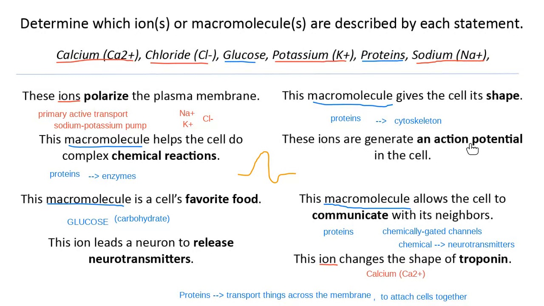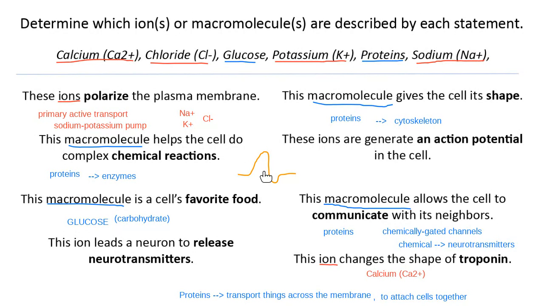An action potential is a change in the membrane charge, and it moves all the way across the membrane. So when we talk about the ions, and I apologize, we were missing a word here, these ions are used to generate an action potential. I'm talking about who comes in on this side and who goes out on this side.